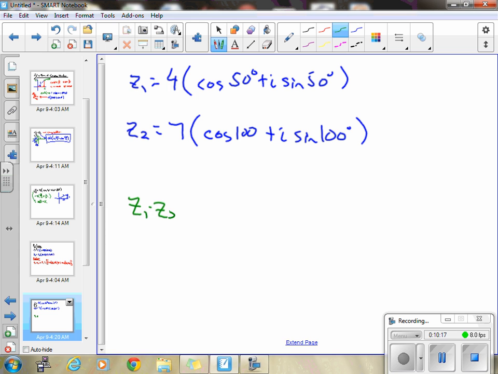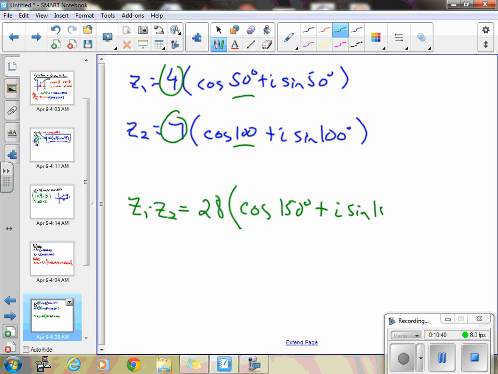So we're going to do the product of these two numbers, z1 times z2. Our formula tells us that we can multiply the numbers out in front. 4 times 7 is going to be 28. And inside of here, we're going to take the cosine of the sum of those two angles. So we're going to add those together. We're going to get 150 degrees.